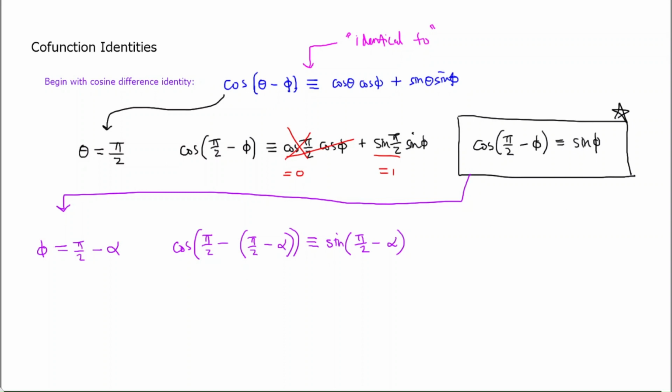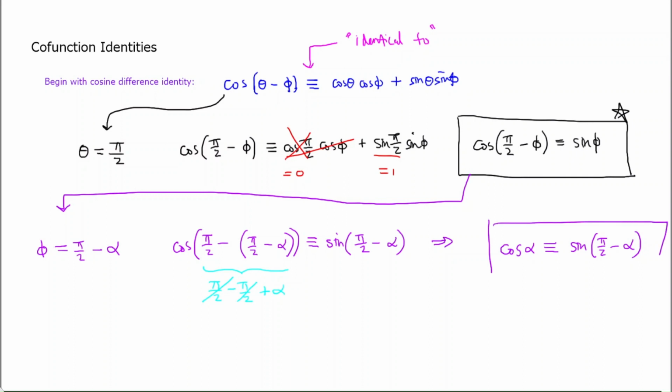Now in terms of the parentheses inside of the cosine, if we distribute a negative through the parentheses, our argument inside of the cosine is going to be pi over 2 minus pi over 2 plus alpha. Those two cancel out with each other. And finally, what we find here is cosine alpha is identical to the sine of pi over 2 minus alpha. It's another cofunction identity.